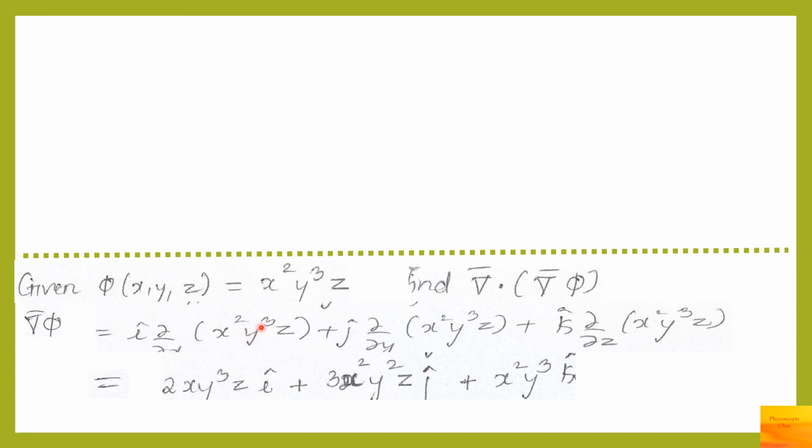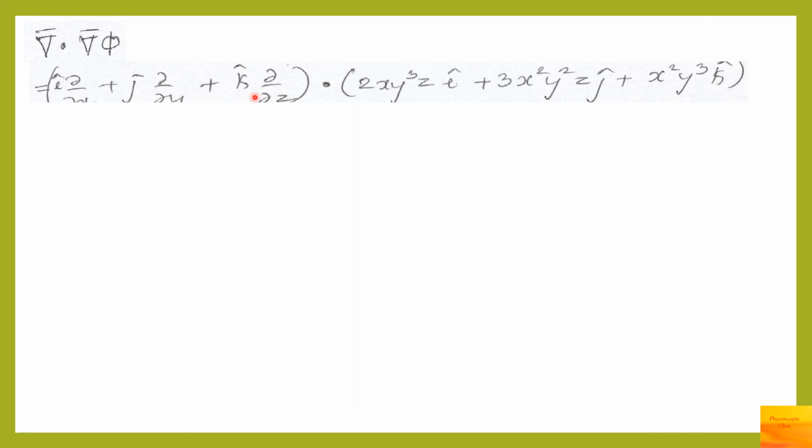With respect to x, we differentiate x square, you get 2x y cube z. Here the differentiation of y cube is 3y square, so 3x square y square z j cap, and we have to differentiate z, that is 1, so you get x square y cube k cap. So that is the gradient.